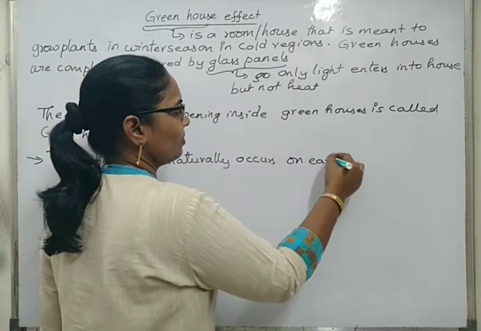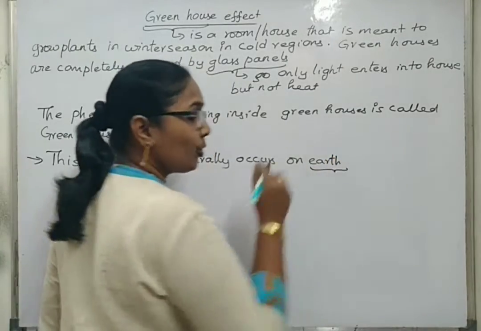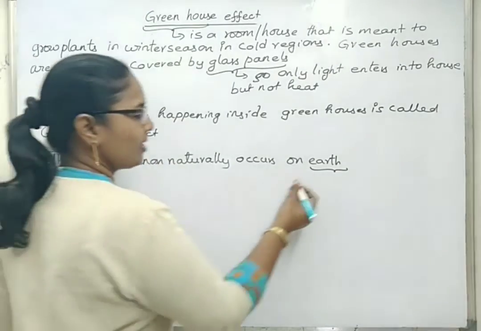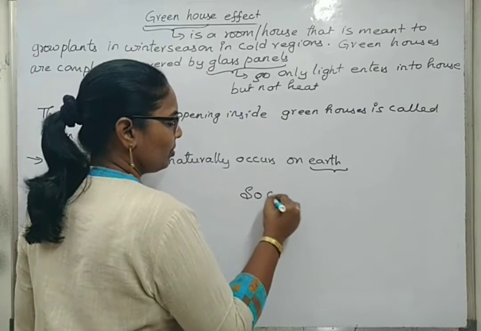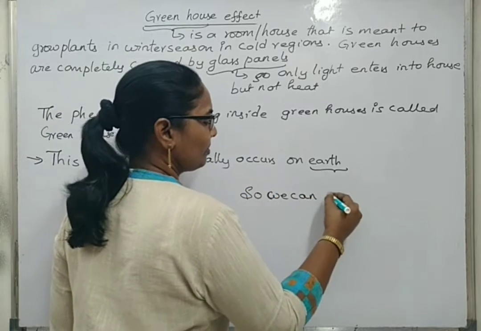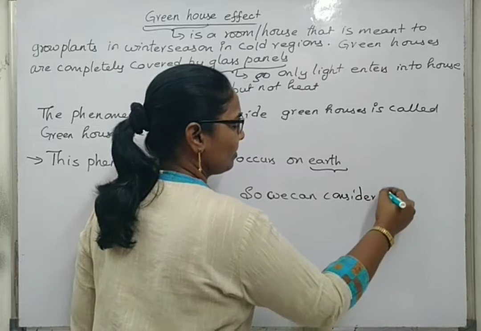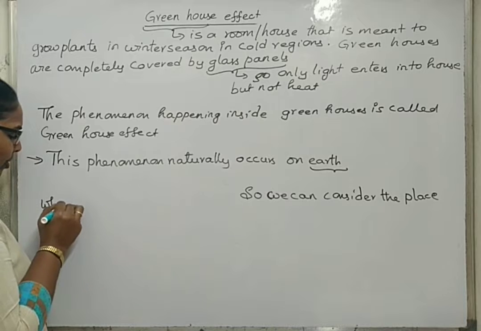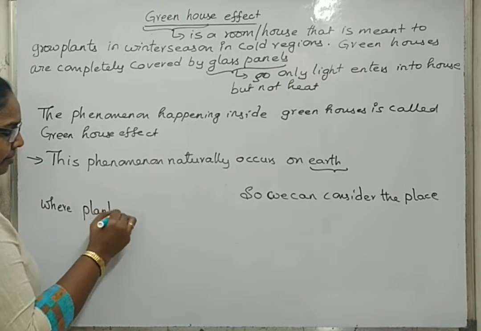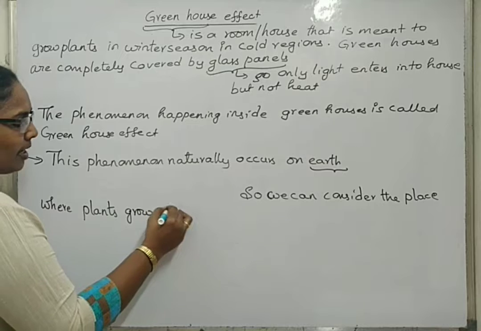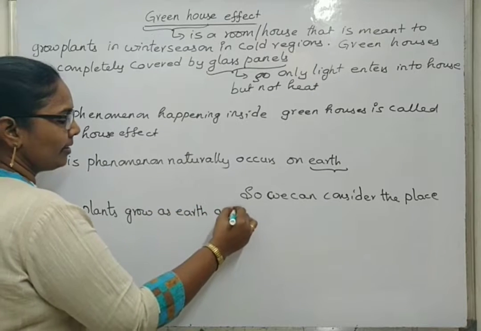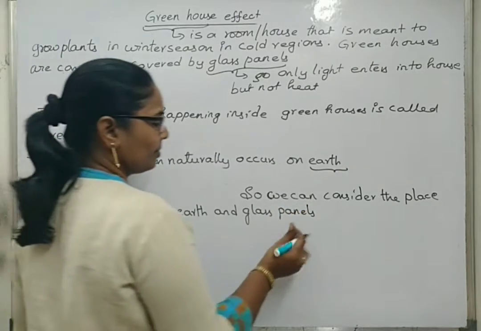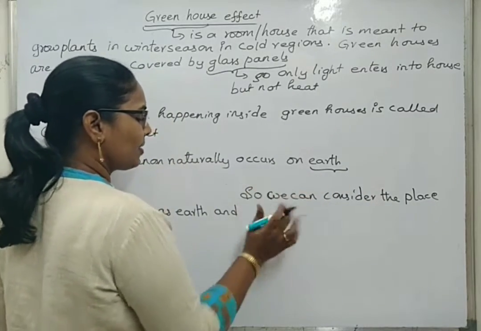Now, we can relate the total greenhouse to the earth, the place where plants grow as earth, and the glass panels as atmospheric layers.